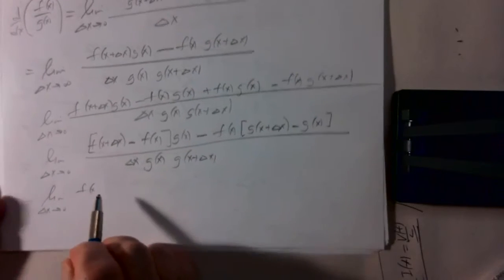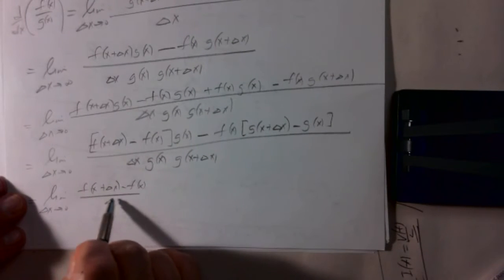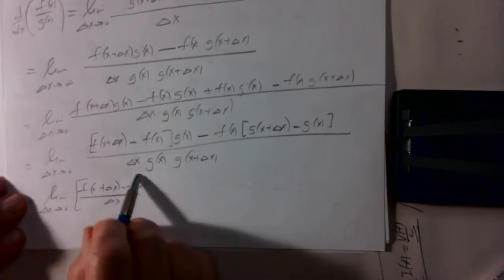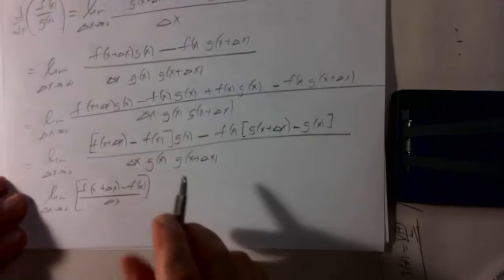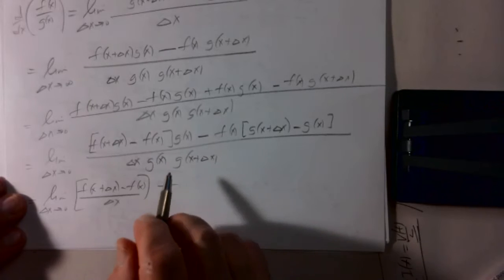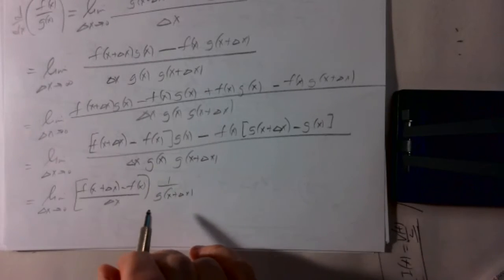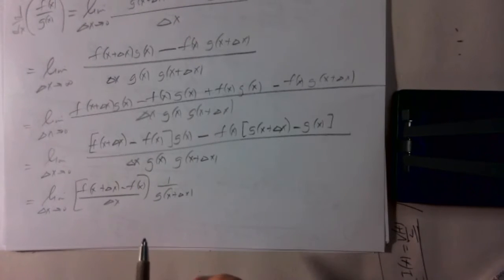I have f of x plus delta x minus f of x over delta x times this over this, which is 1 over g of x plus delta x.